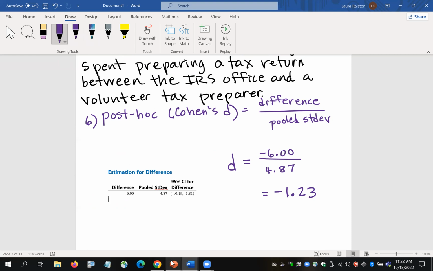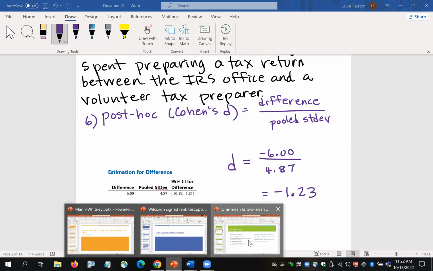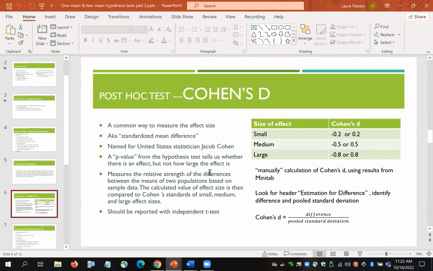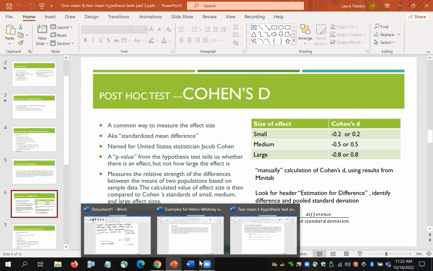Then if you'll recall, we compare that value to the standard that Cohen established. Negative 1.23 is really below the large. Okay, so we would indicate that there is a large effect size.